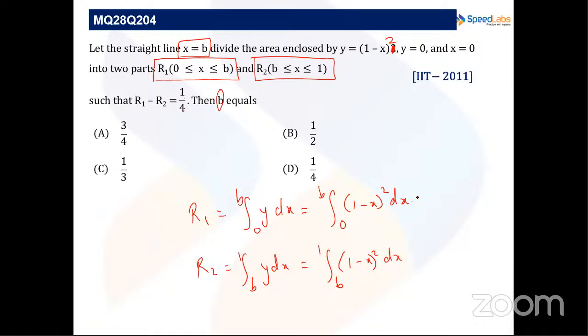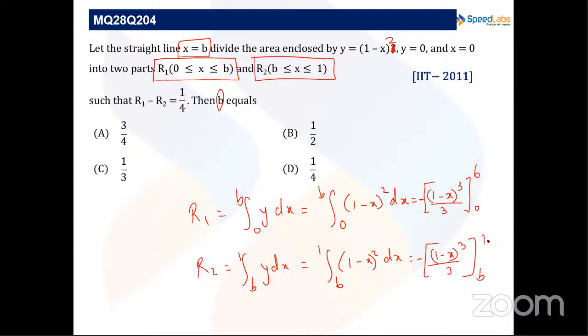On integrating, you would get (1 minus x) whole cube by 3, and since the coefficient of x is minus 1, you'll get a minus sign here, and the limit will be from 0 to b. Similarly in this case, it will be (1 minus x) whole cube by 3, and due to the coefficient of x being minus 1, we'll get a minus sign in here, and the limit will be b to 1.